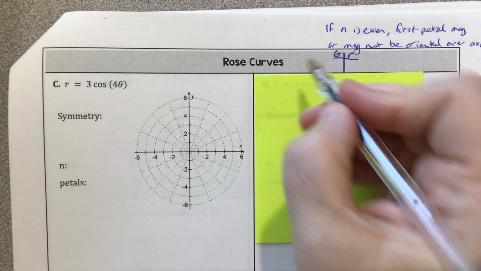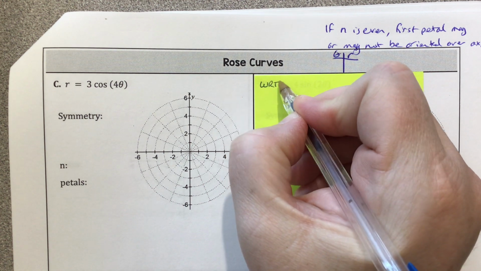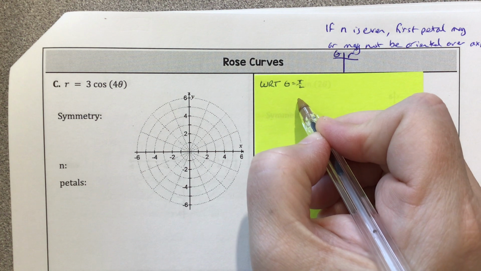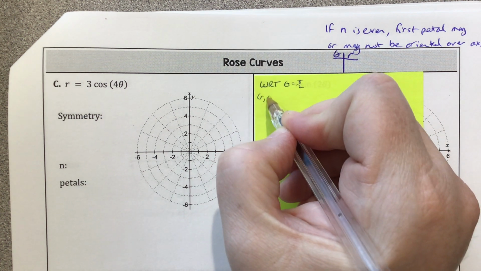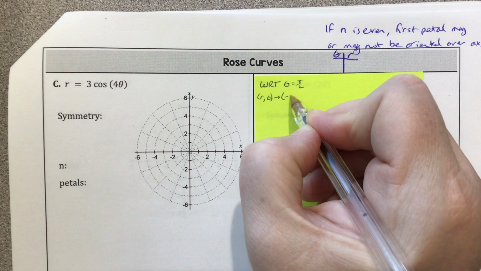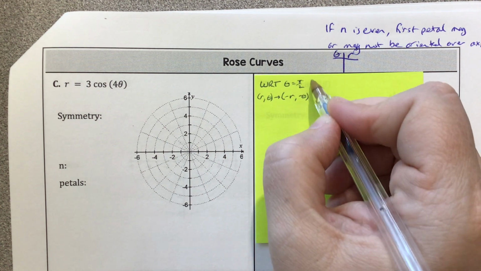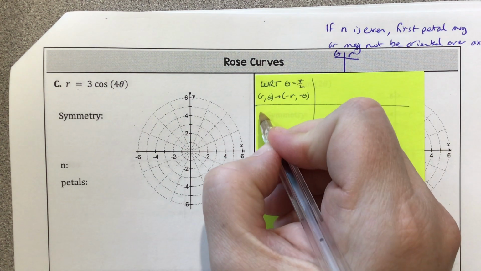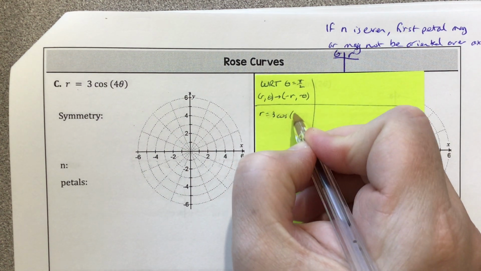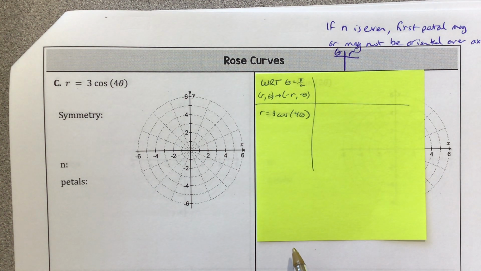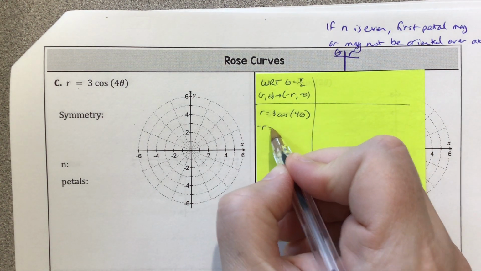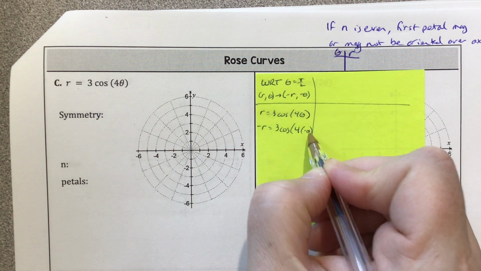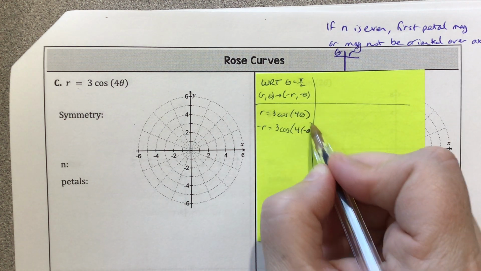the AP exam. So let's test for symmetry with respect to theta equals pi over 2. We said our test there is to change (r, theta) to (negative r, negative theta). So I'm going to take the original equation, r equals 3 cosine of 4 theta. I'm going to change r to negative r and theta to negative theta and simplify.